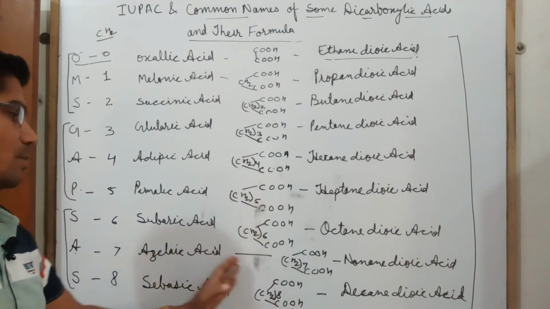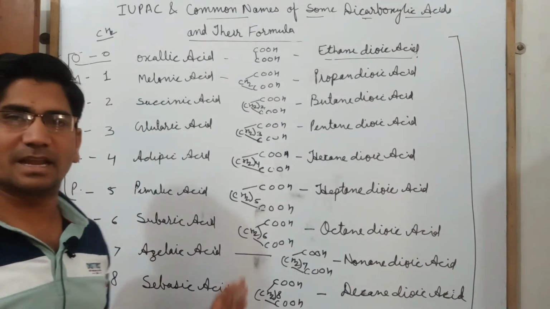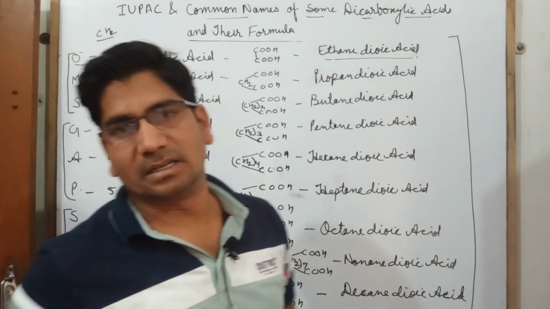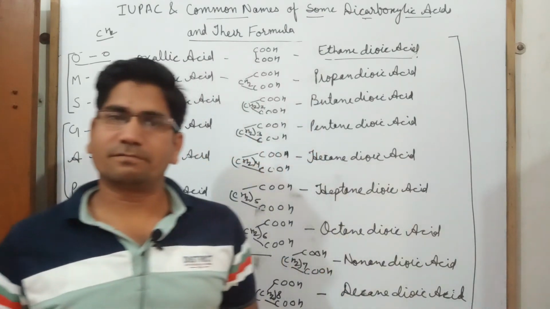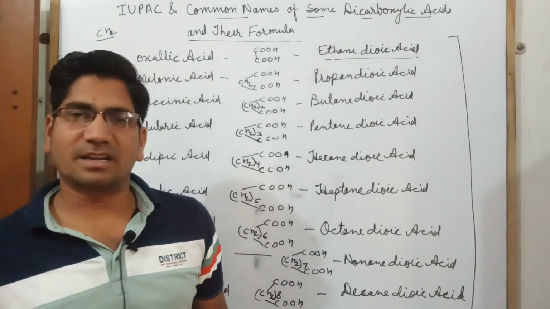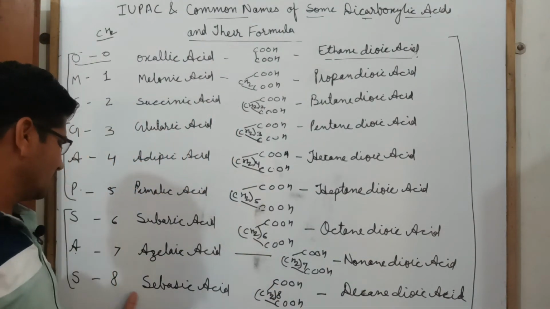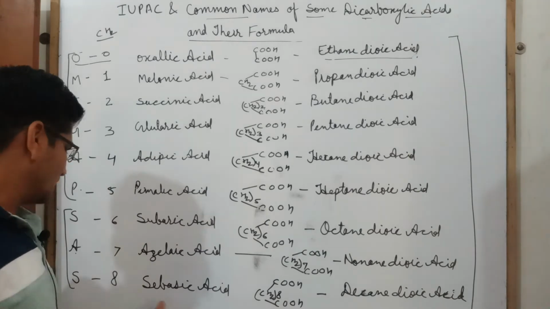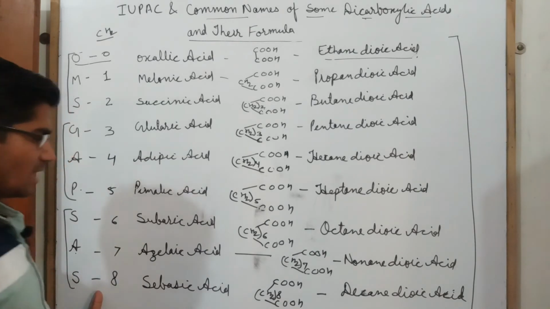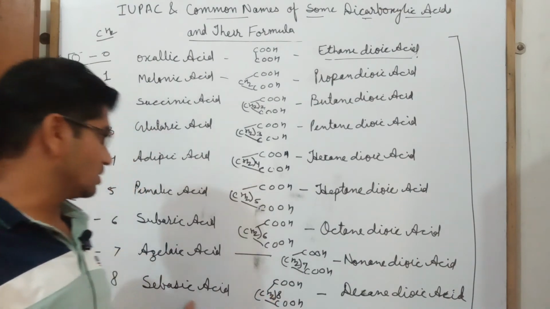In azelaic acid, 7. And sebacic acid is coming at the last, and I am feeling tired and full of sweat because my sebaceous glands are secreting. So sebacic acid comes at the last, and the number of CH2 will be 8.